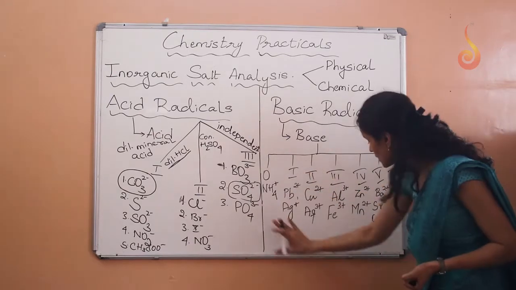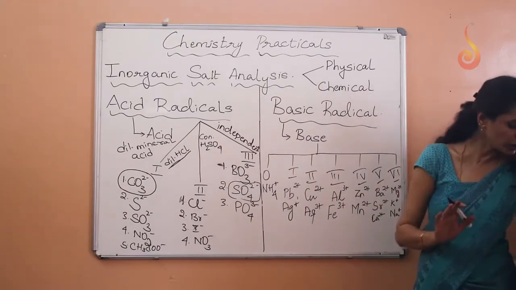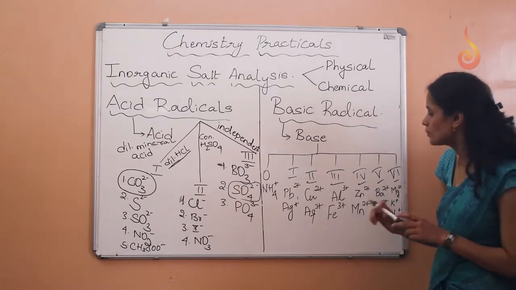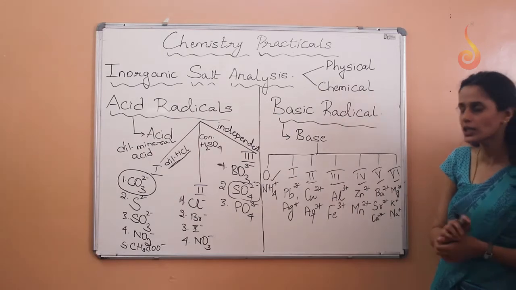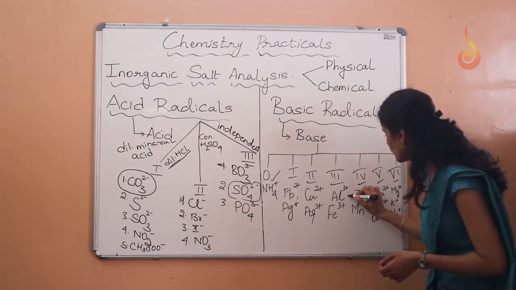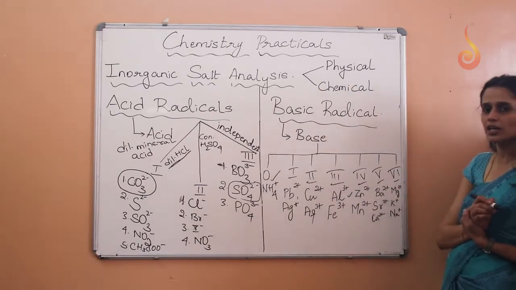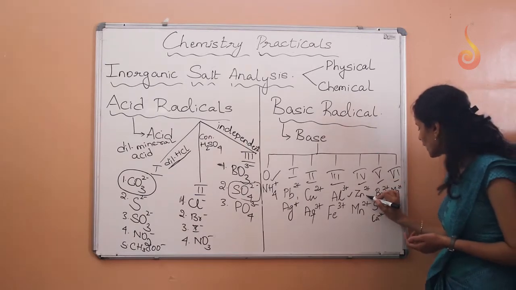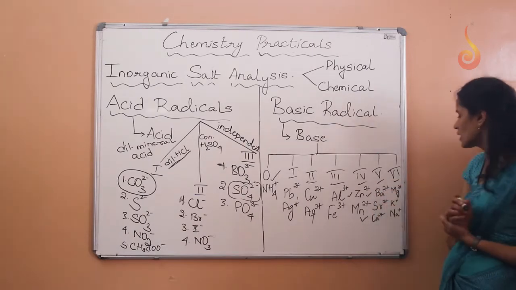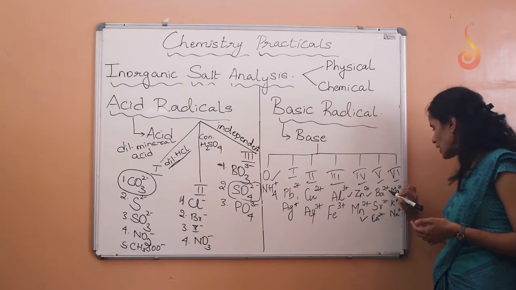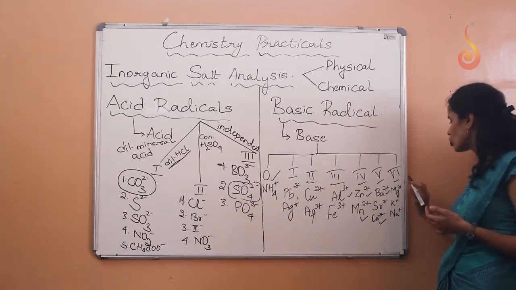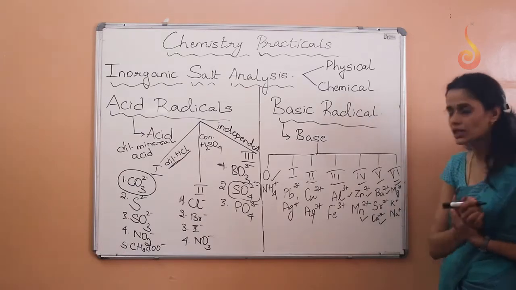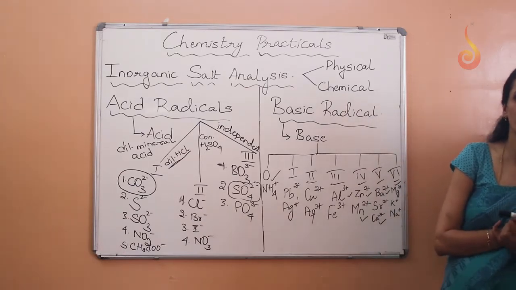But out of these radicals we have only a few radicals for the syllabus. One is the 0 group radical, that's nothing but ammonium ion, and in third group we have aluminium ion, in fourth group we have zinc ion and manganese ion, in fifth group we have barium ion and calcium ion, and in sixth group we have only one ion, that's nothing but Mg2+ ion.